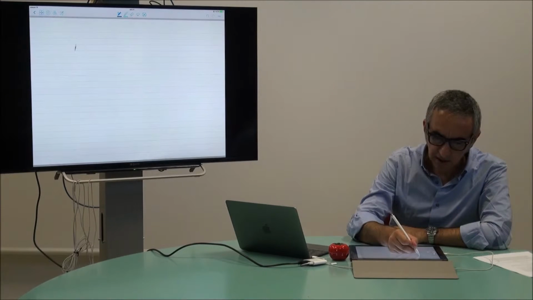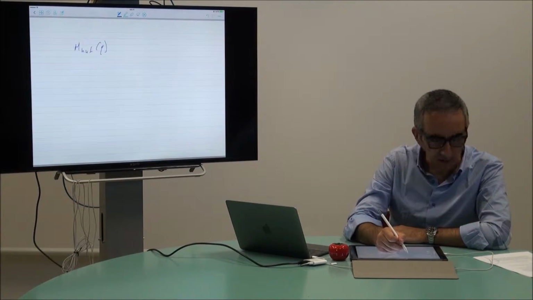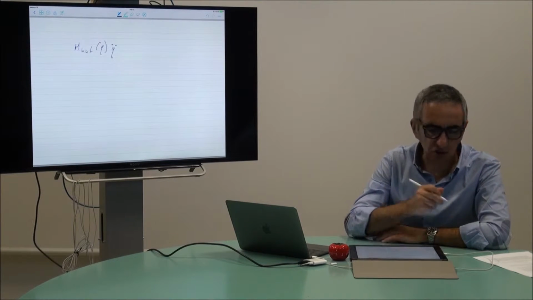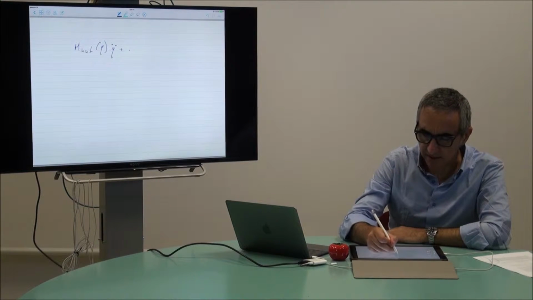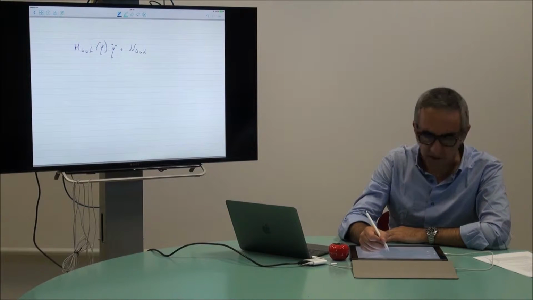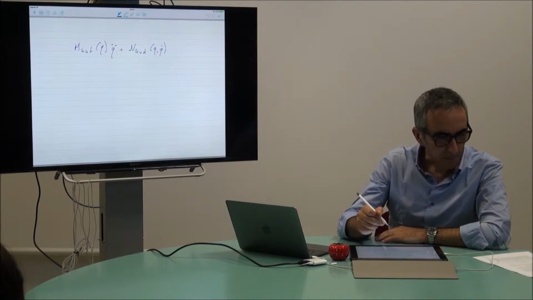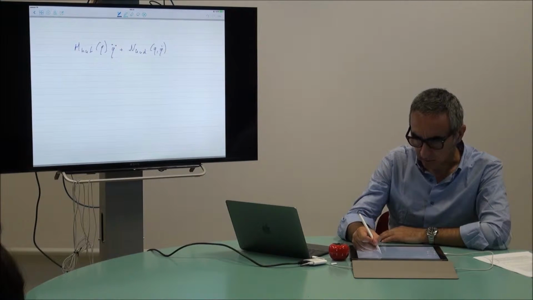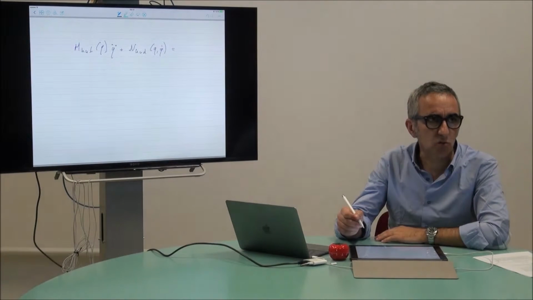You have the inertia of the hand that depends on the joint variables times the acceleration of the joints, plus a term that depends on the forces depending on velocities, is equal to all the forces applied onto the hand.